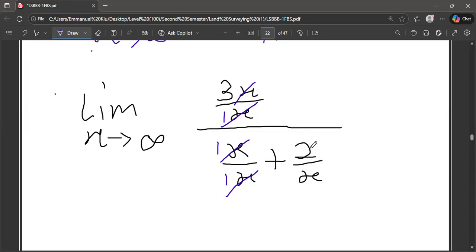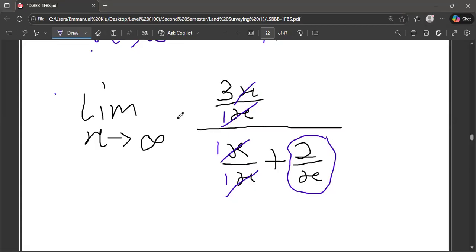But this one over here, the rule says that anytime you see 2 over x or any number over a variable, it is automatically going to become 0. That is what the rule says.